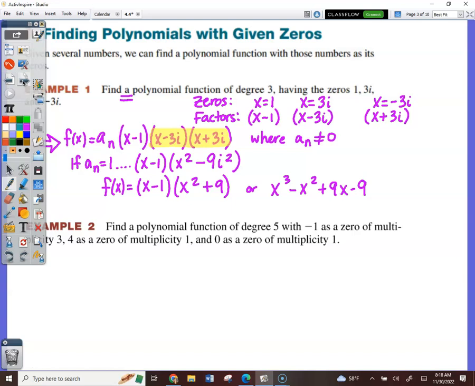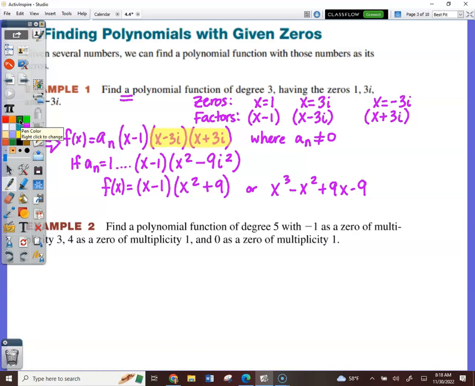We did this one right here. We found just a generic polynomial that has these zeros, and then we said if we let that leading coefficient be 1, it would look like this in factored form. If you multiplied it out, it would look like this. Okay? How would you multiply this out?